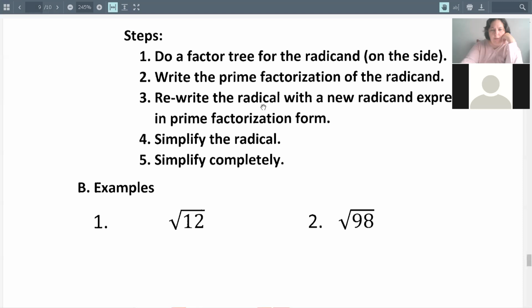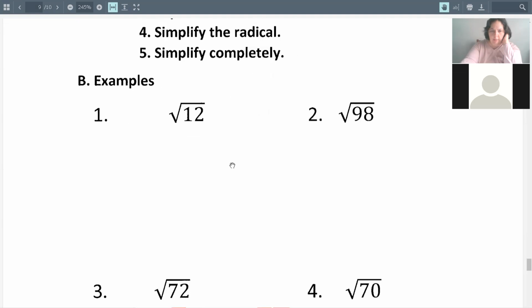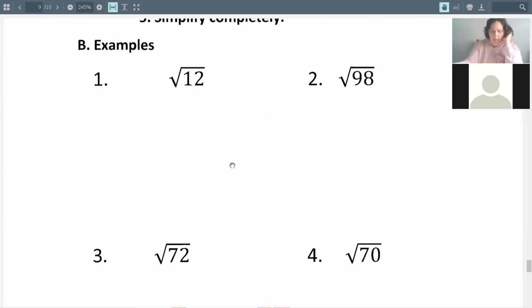We're going to be rewriting the radical so that our exponents are all 2's. And then we're going to simplify the radical and simplify completely. So here's what that looks like. Go ahead and draw factor trees for 12 and 98. I'm going to do them over here in the margin for you.